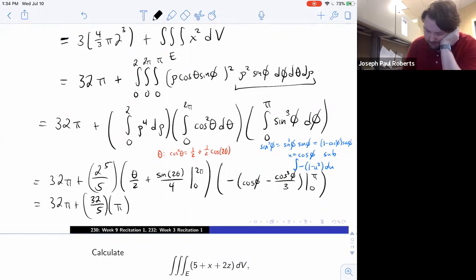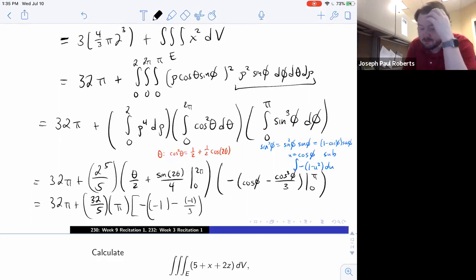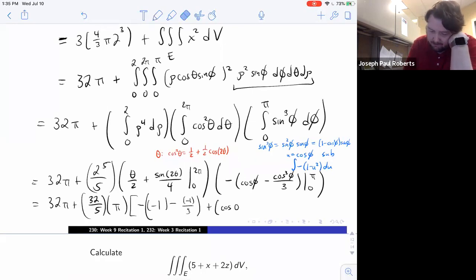what is this? Minus 1 minus 1/3. Yeah, because cosine of pi is -1, -1 cubed is -1, and then minus minus, so plus cosine of 0, so 1. Minus 1/3. So what does this end up being? 2/3 plus 2/3 is 4/3.